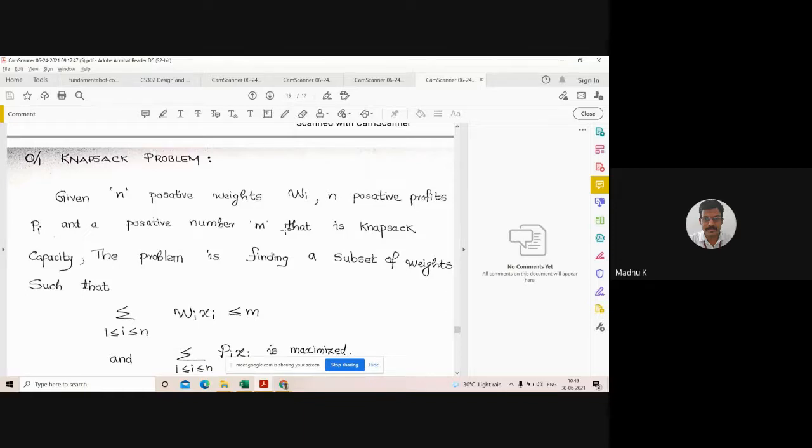The problem is finding a subset of objects such that these two conditions should be satisfied.